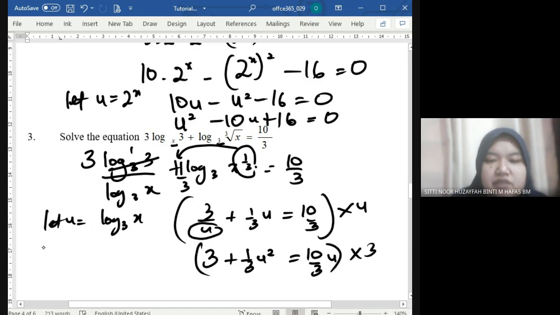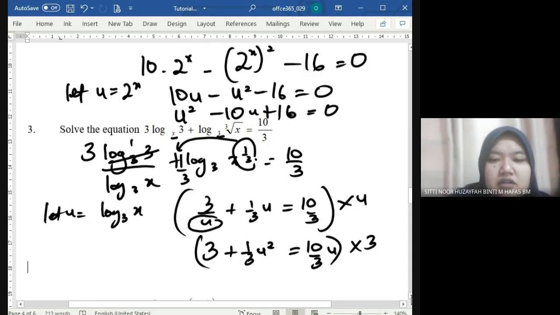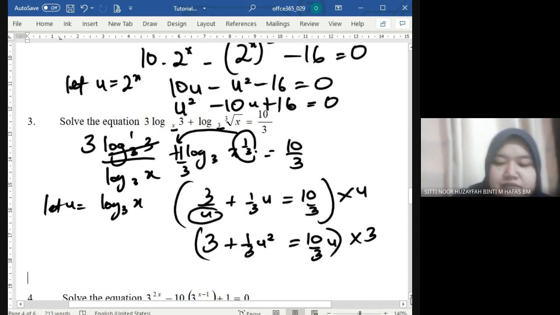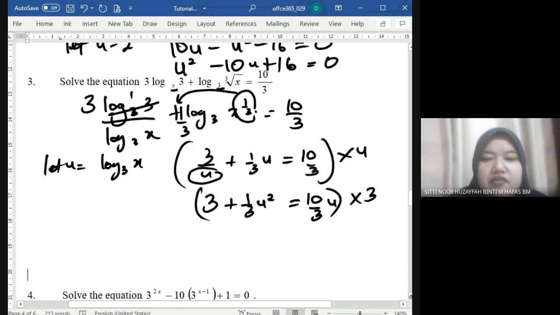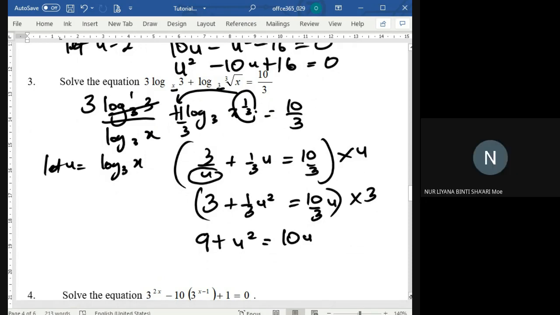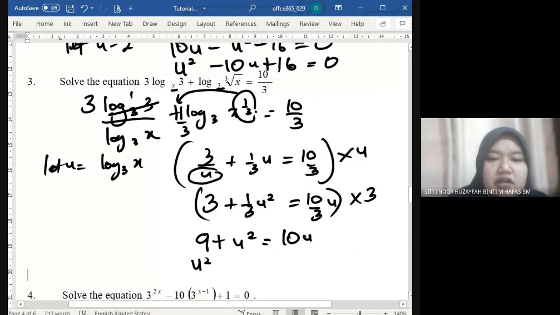So we will have 9 plus u squared equal to 10u. So u squared minus 10u plus 9 is equal to 0.